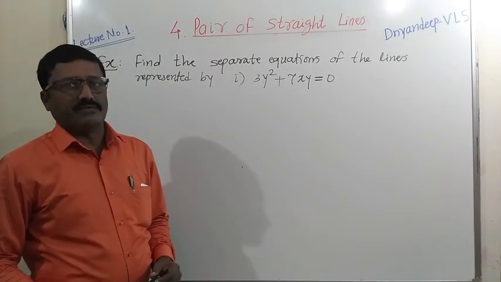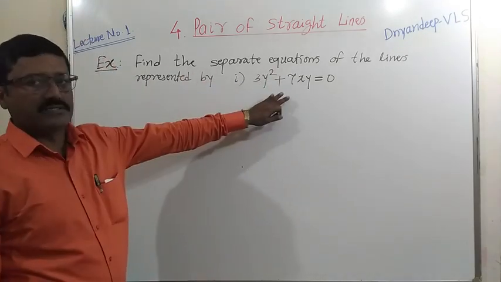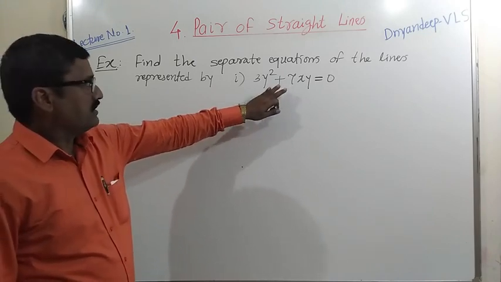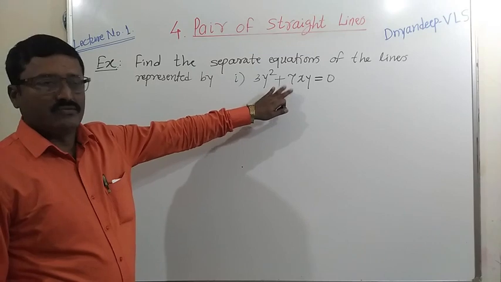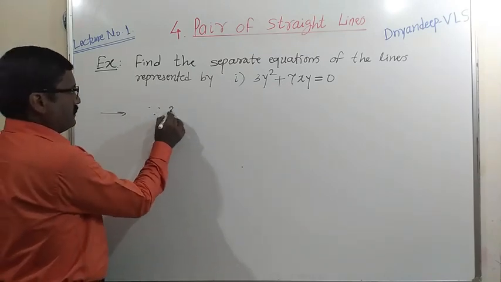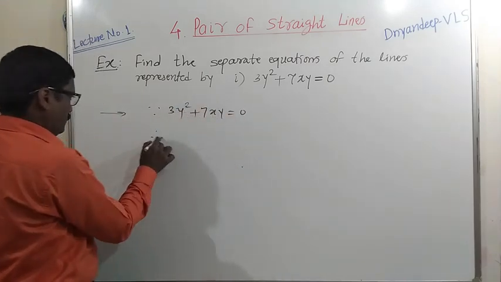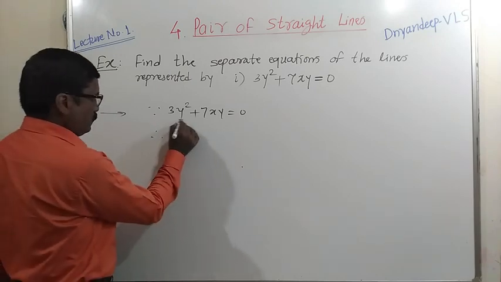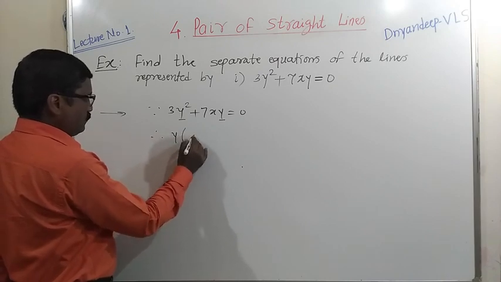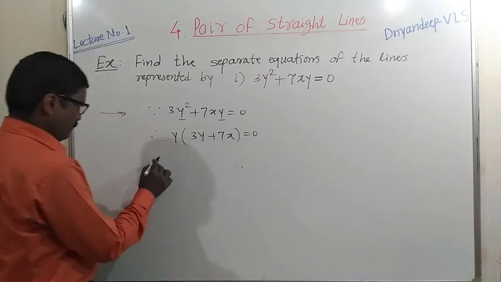Now see the second type of example: finding the separate equations of the lines represented by an equation. This equation is the combined equation of two lines, and now we have to separate the two lines from this equation. Since it is 3y square plus 7xy equal to 0, if you observe carefully, y is common between these two terms, so take that y common outside. So y into 3y plus 7x equal to 0.